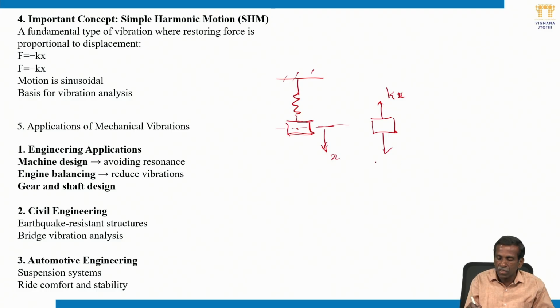The mass has acceleration: dx by dt is the velocity, and if you differentiate with respect to time twice, you get the acceleration, d square x by dt square. So m x double dot is the inertia force acting downwards, and the elastic restoring force acts upward. These two are equal in magnitude but opposite in direction, so m x double dot equals minus kx.